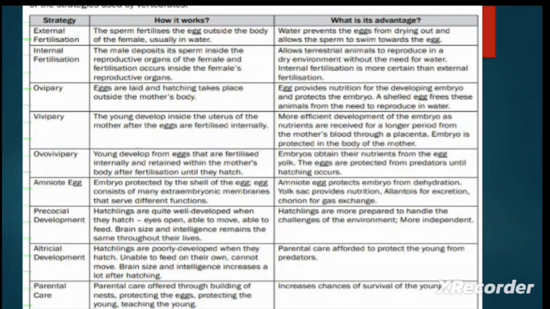If they ask you the advantage of altricial development, parental care is afforded to protect the young from predators. Precocial hatchlings are more prepared to handle the challenges of the environment, more independent. So that's what you're going to write.